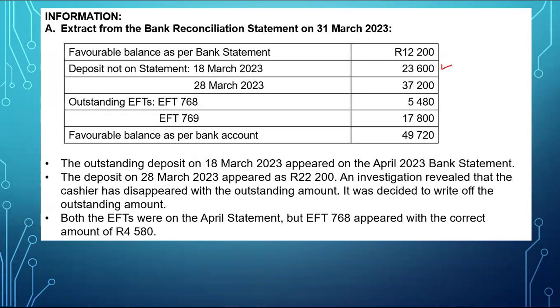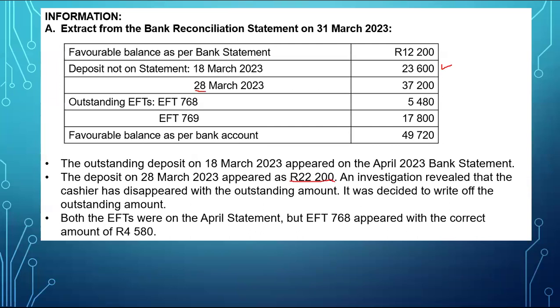The deposit, which is this one here, on the 28th of March 2023, appeared as 22,200. Sorry for that. An investigation revealed that the cashier has disappeared with the outstanding amount. Interesting.